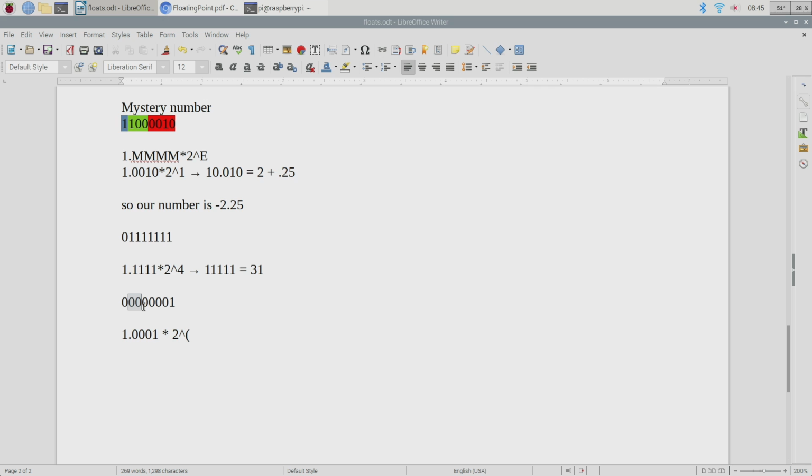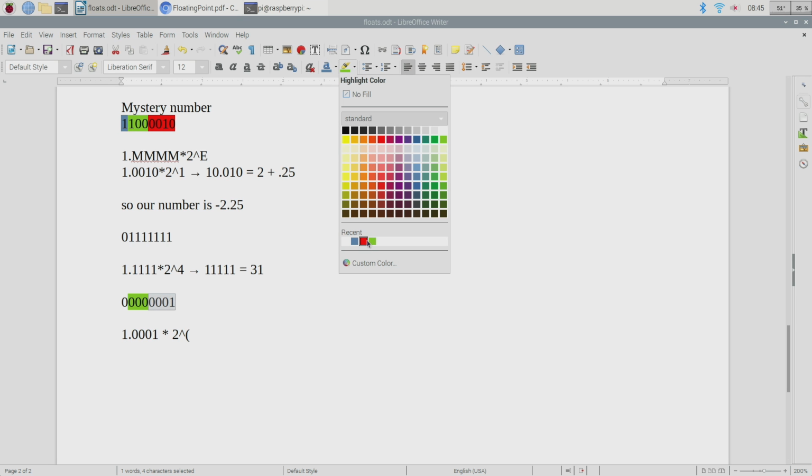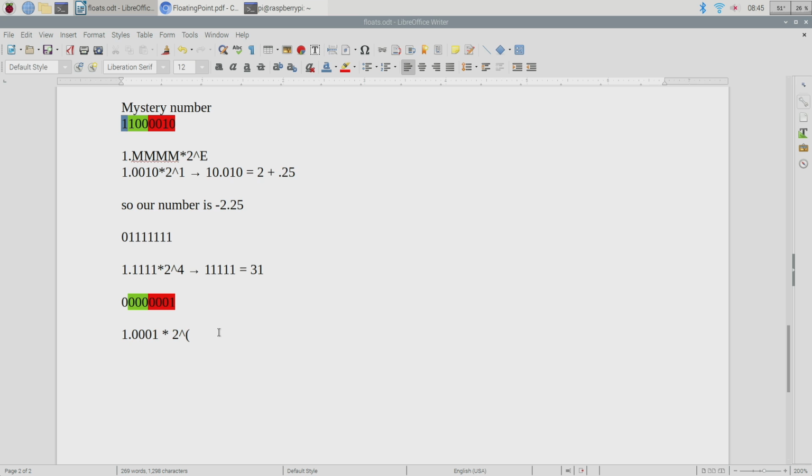Green for exponent, and red for mantissa. What does the exponent look like? 0. What does that really count as? -3. Because we have to subtract off our bias.